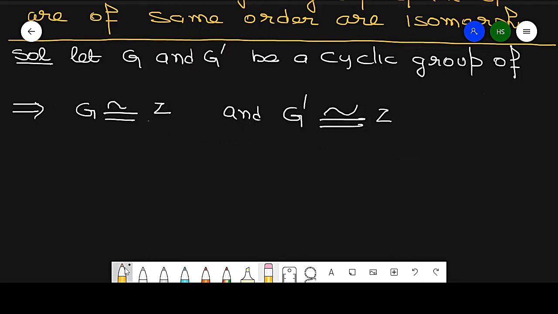Now, let G and G dash be cyclic groups of infinite order.